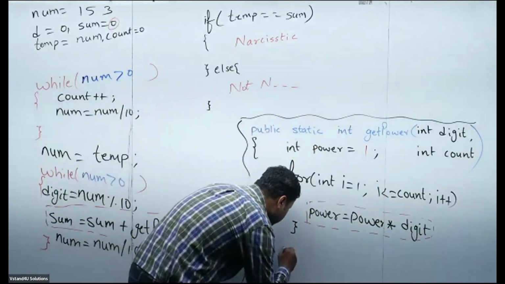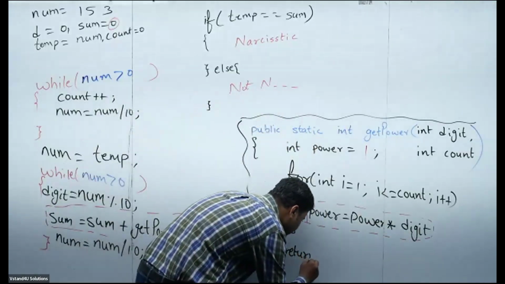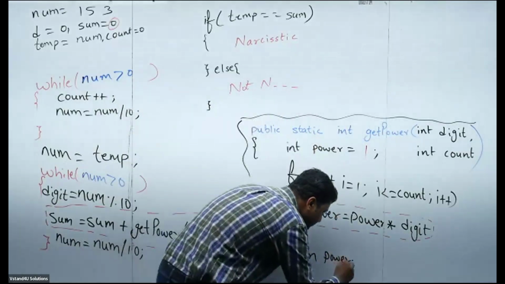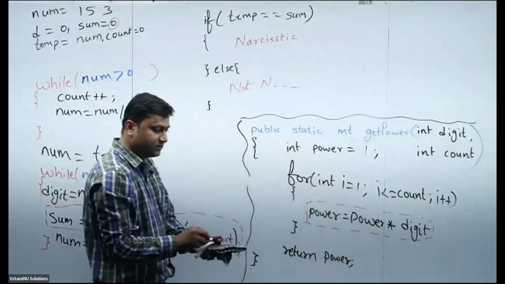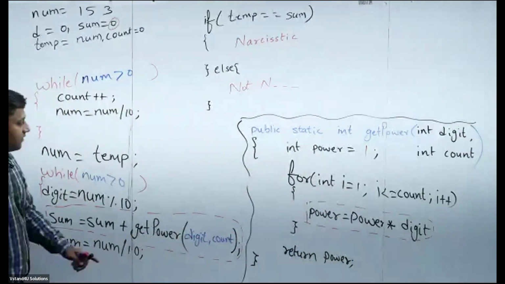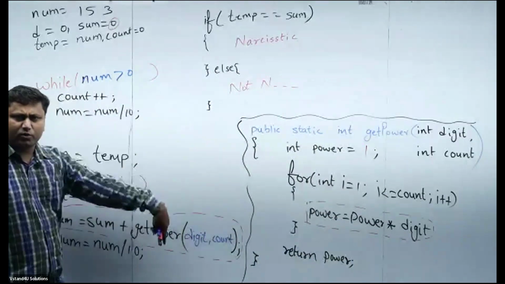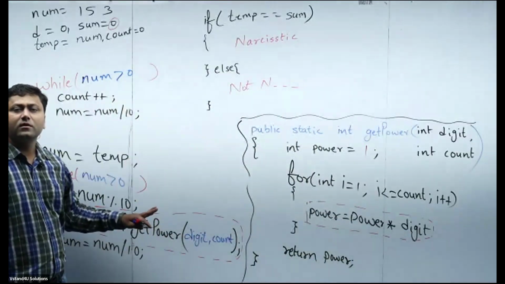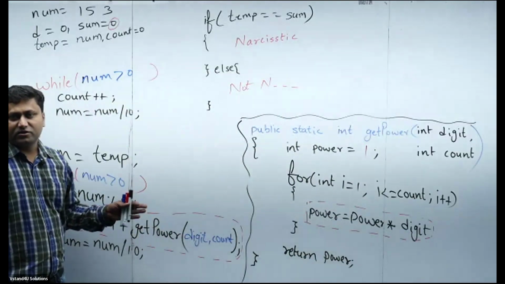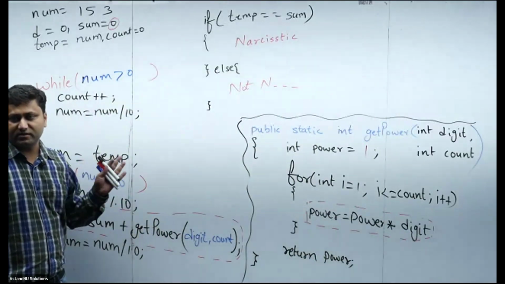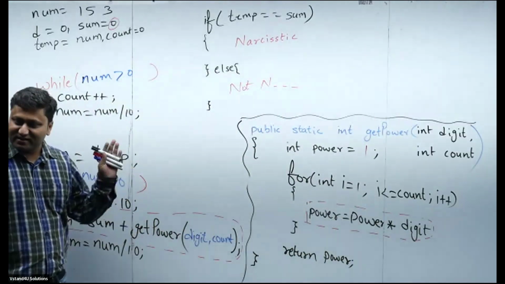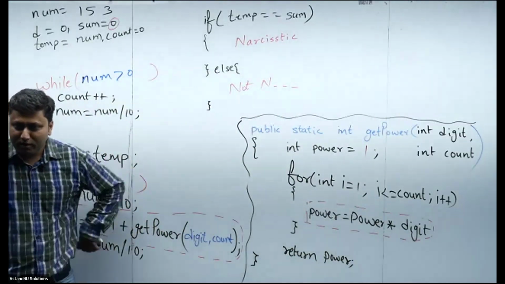Let's evaluate. Let's do the diagram for this. In our case, shall I start doing one by one, all the 3 digits? Shall I start? Yes. Shall I start? Good.